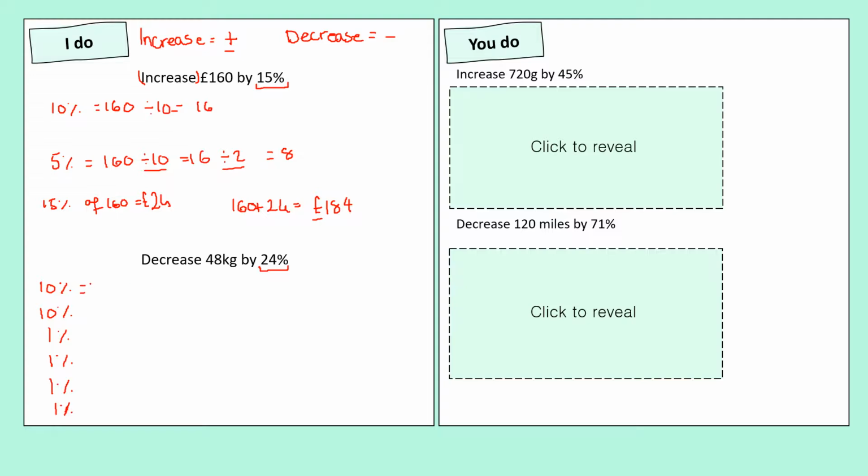So 10% of 48 is 48 divided by 10, which gives me an answer of 4.8, and obviously that's going to be the same for this one. And then 1% is 48 divided by 100, which gives me an answer of 0.48, and obviously these are also going to be 0.48.